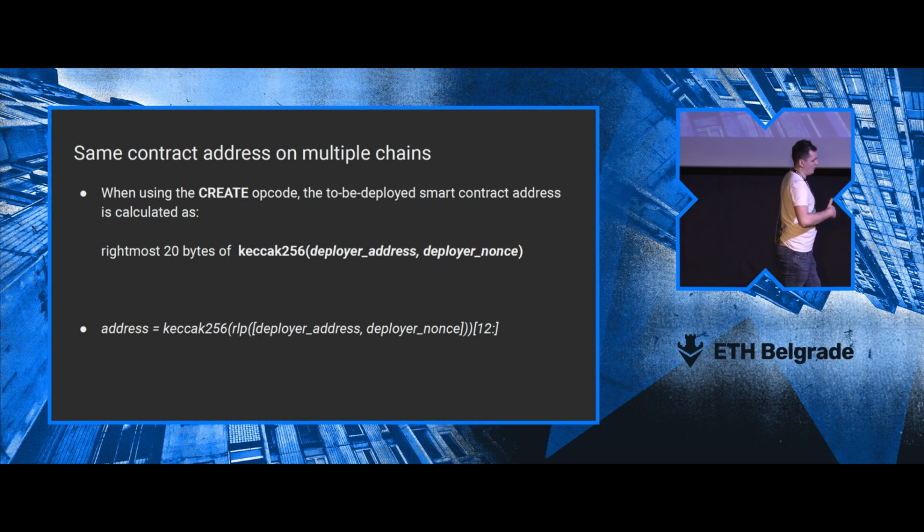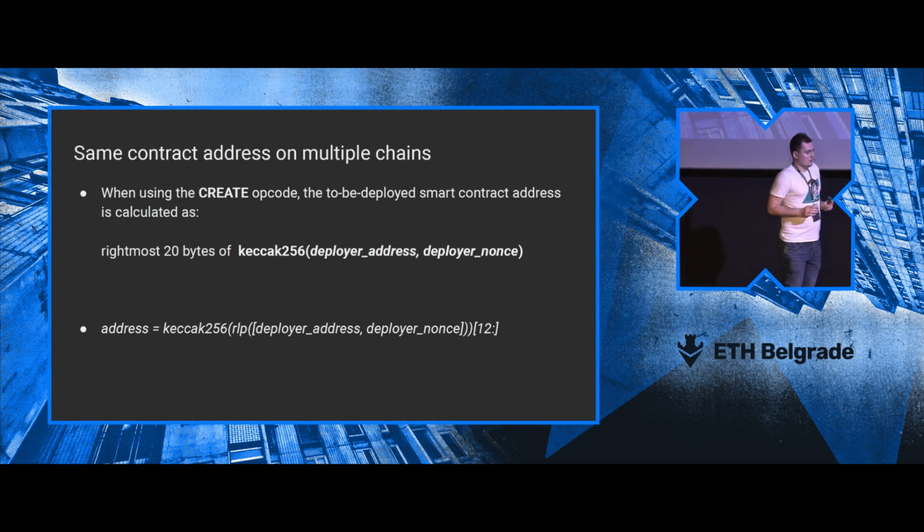And the CREATE opcode calculates the address of the to-be-deployed contract as the rightmost 20 bytes of the keccak-256 hash of the deployer address and deployer nonce. The deployer address is the address of the EOA who tries to deploy a smart contract, and it's always the same, right? When you create a new Ethereum account, your address is unique, and that's it.